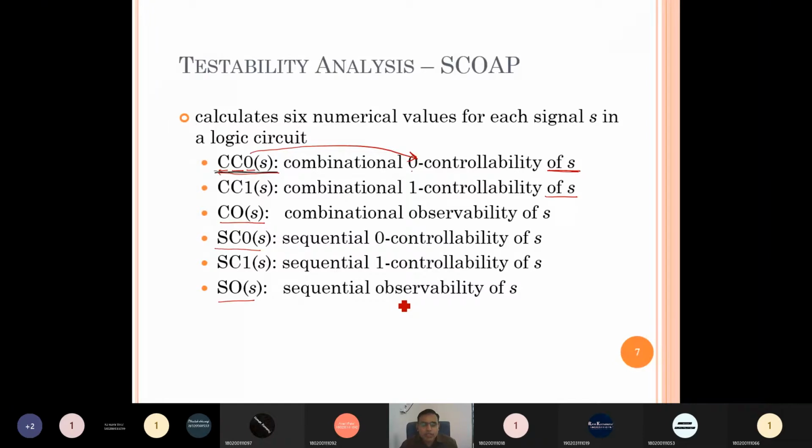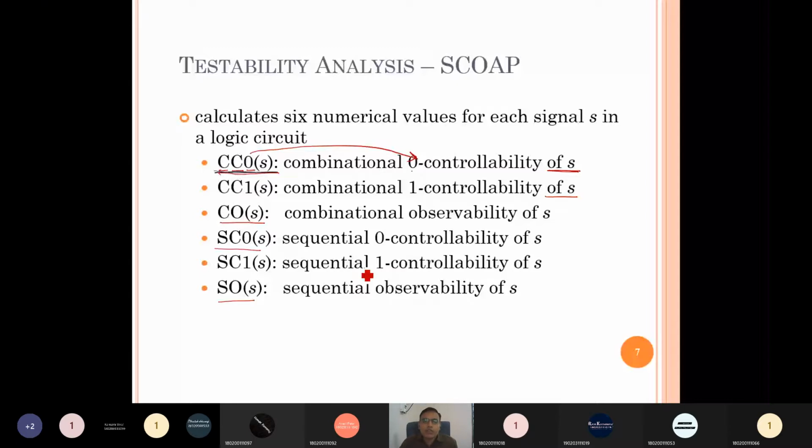So we'll get two figures. One indicates the combinational controllability, another indicates the sequential controllability. If our circuit is a purely combinational circuit, then the sequential controllability is 0. There is no sequential block, so there is no sequential controllability and observability.